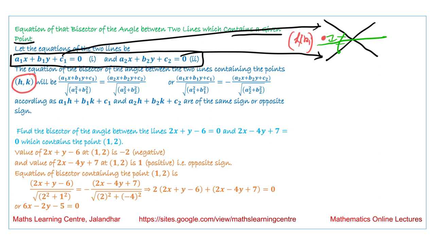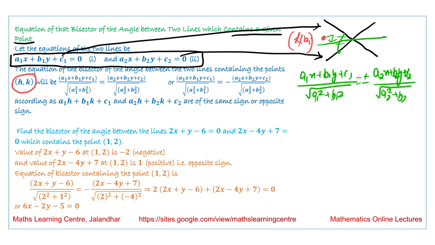So for the equation of the angle bisector, again we have two equations. One is (a1x plus b1y plus c1) divided by the square root of a1 squared plus b1 squared, equal to plus minus (a2x plus b2y plus c2) divided by the square root of a2 squared plus b2 squared. To find which one, what we have to check is, we calculate the value of a1h plus b1k plus c1 and the value of a2h plus b2k plus c2.